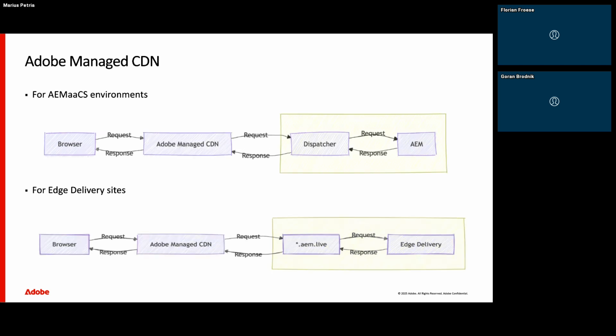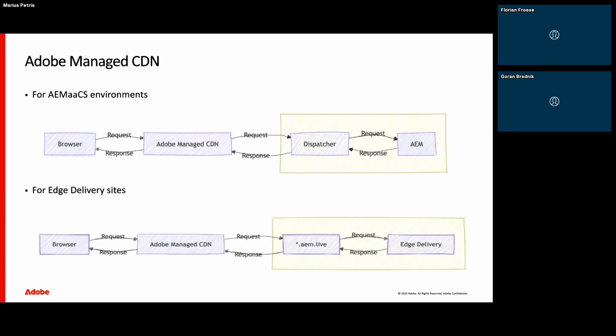Okay, but of course, if you don't have your own CDN, or you don't want to use one, you don't want to pay for an extra CDN, you can use the Adobe Managed CDN. And this is provided out of the box for every cloud service environment. And it sits between the browser and the dispatcher.